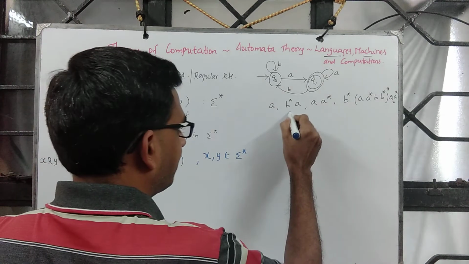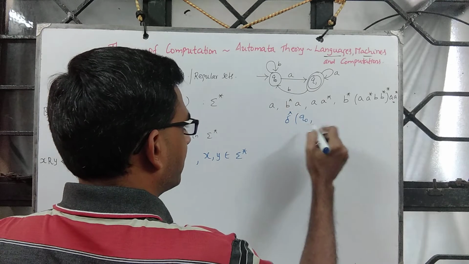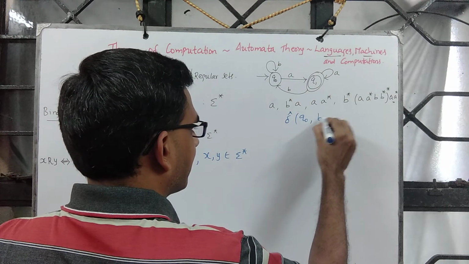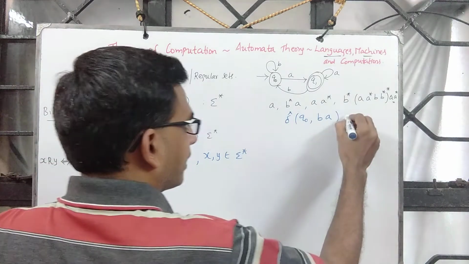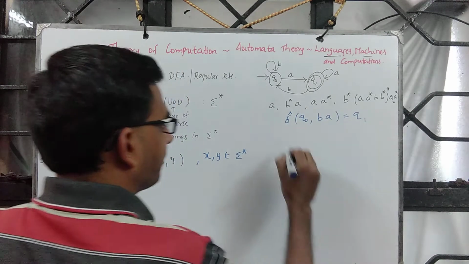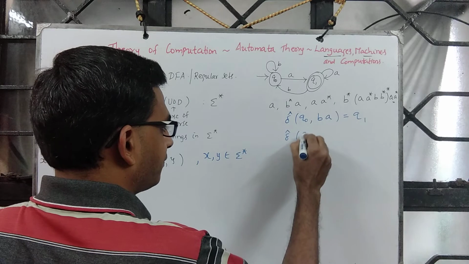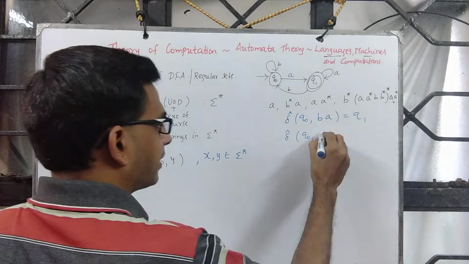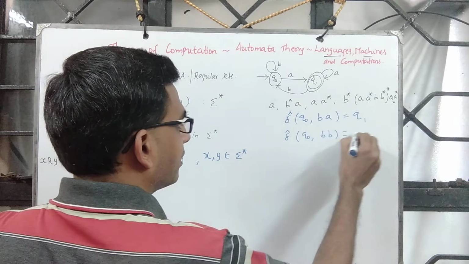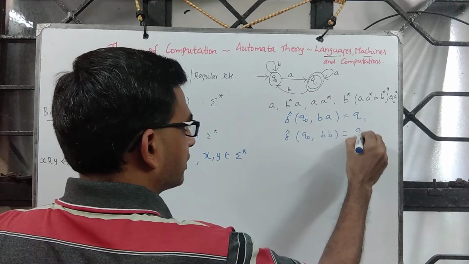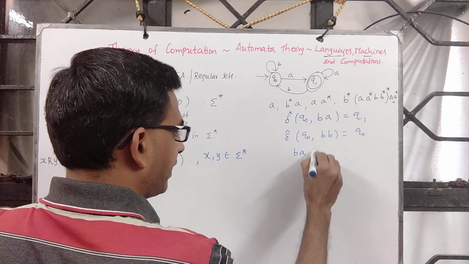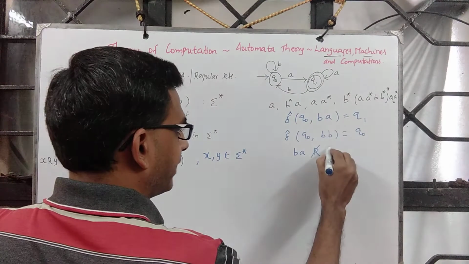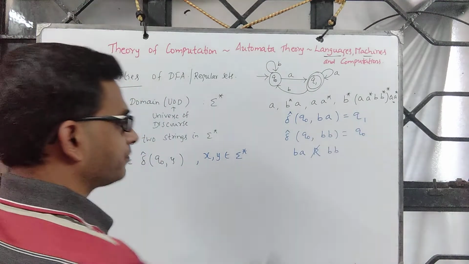So delta cap of say q naught comma, let me take say BA. If you take BA, output is Q1. And delta cap of say q naught comma, let me take BB. If you take BB, output is q naught. That shows that BA is not related to BB.